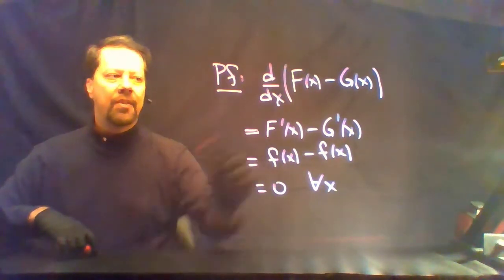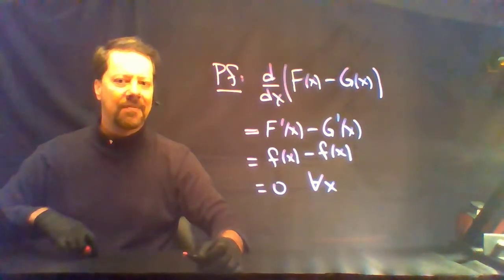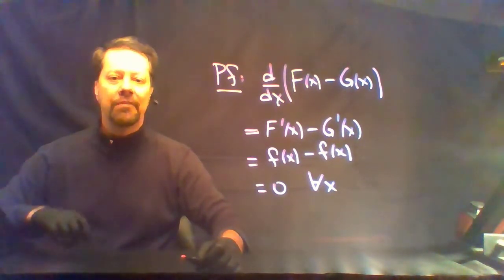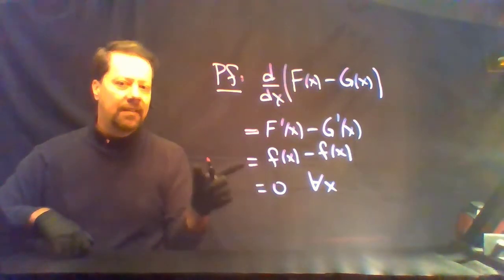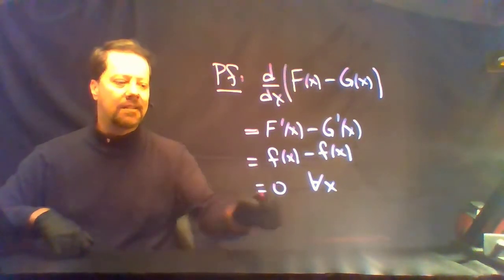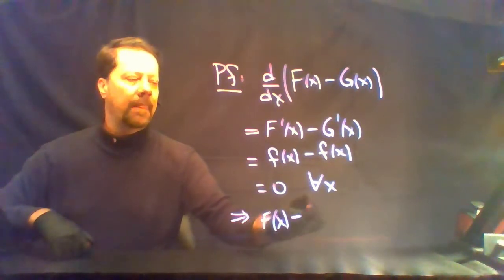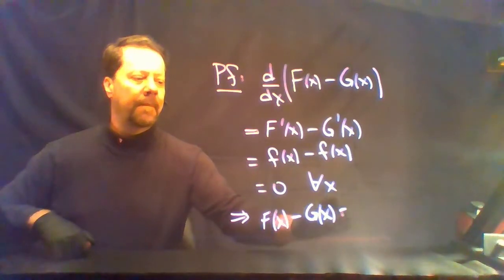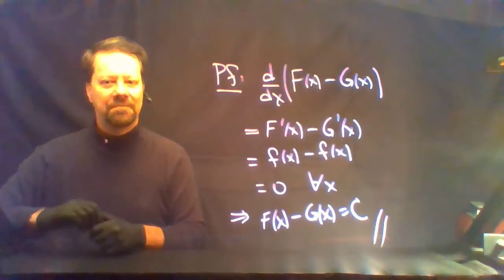And so the derivative of the difference is 0 for all x. Now, we proved that if a function has derivative equal to 0 on an interval, then that function is constant. And that's the end of the proof.